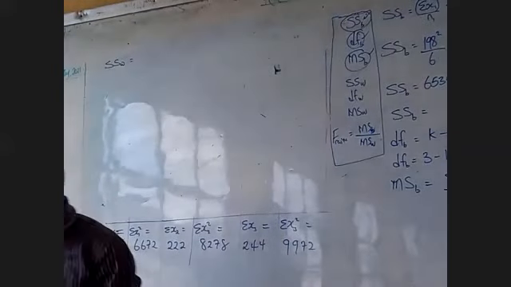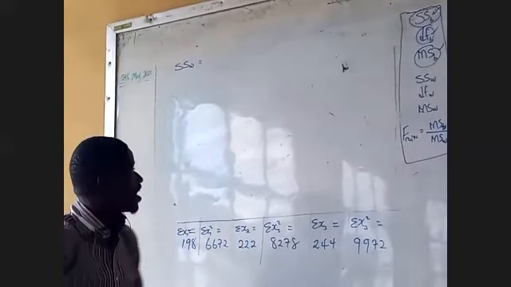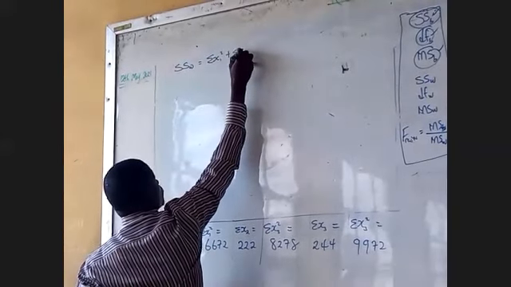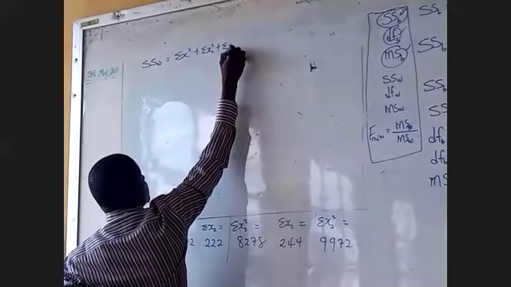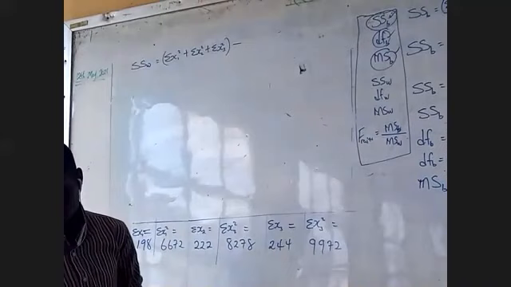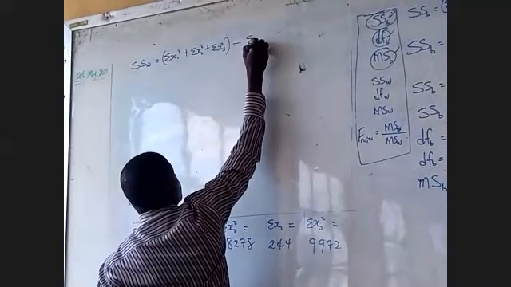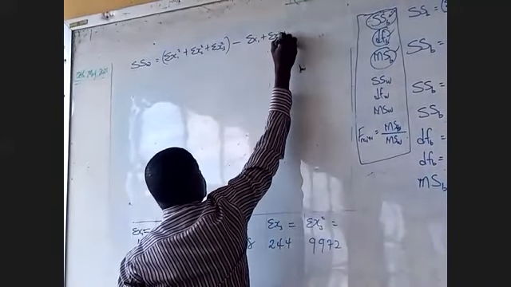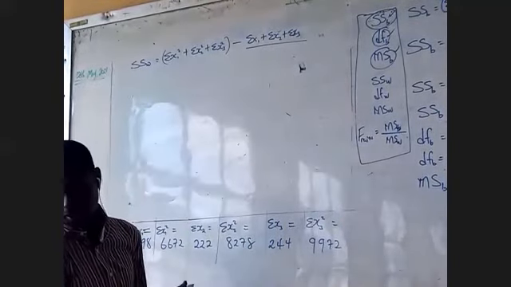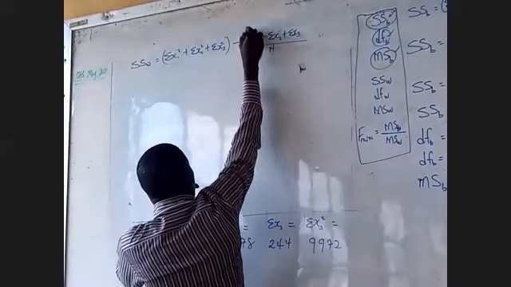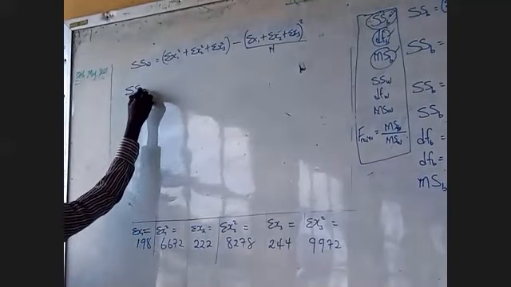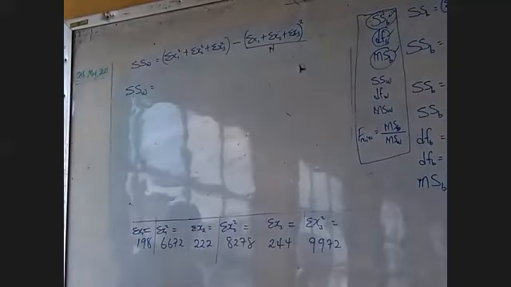I think it is summation x1 square plus summation x2 square plus summation x3 square minus summation x1 plus summation x2 plus summation x3 over n, all square.